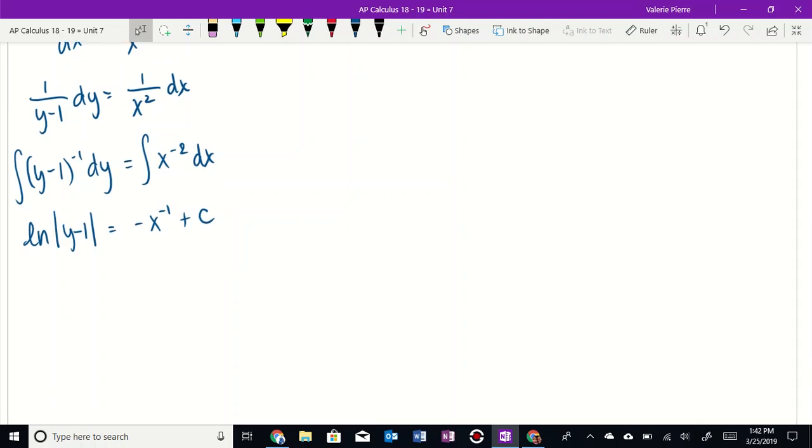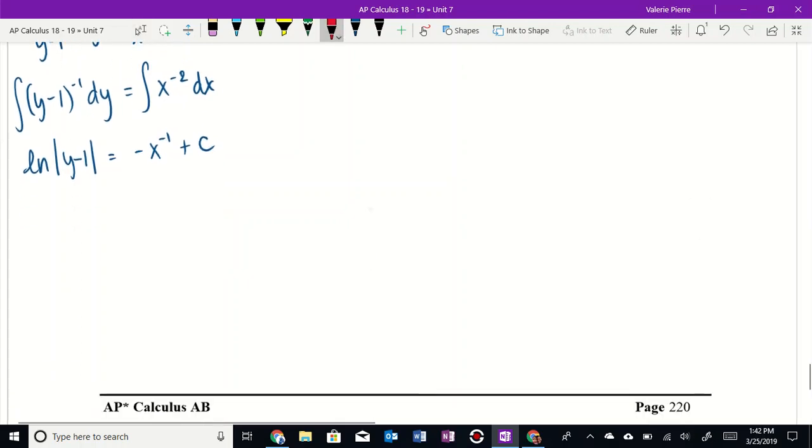Okay. Part C. Part C, we want to find the limit as x approaches infinity of that particular solution. So if you did all the work, your particular solution should be that f of x equals 1 minus e to the negative 1 over x plus 1 half.